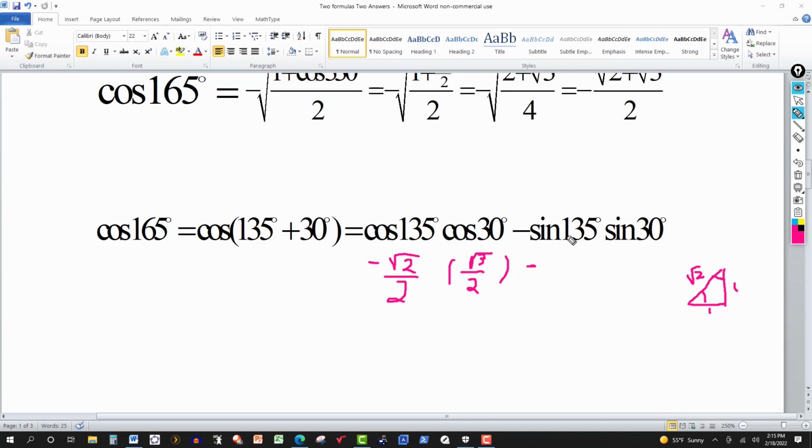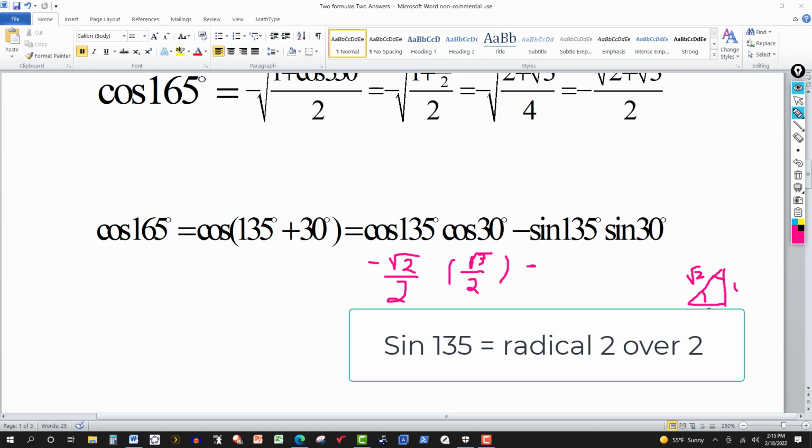Sine is always positive, so the answer I put for this one will be positive. Again, the reference angle for 135 is 45, so the sine of 45 is 1 over radical 2, or radical 2 over 2. We rationalize, and it's positive. And then again, sine of 30, using our 30-60 reference triangle, is going to be 1/2.